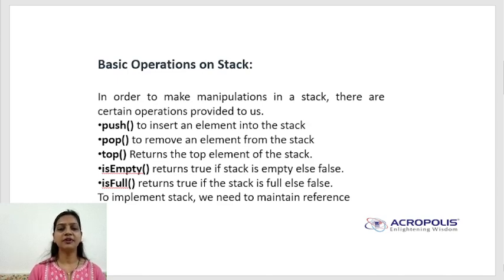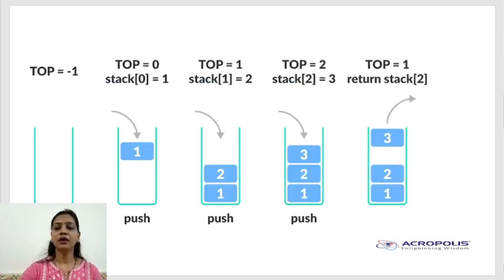To implement a stack, we need to maintain a reference. We explain this in this diagram. In this diagram, first the stack is empty, so top is equal to -1, meaning there is no item present in the stack.